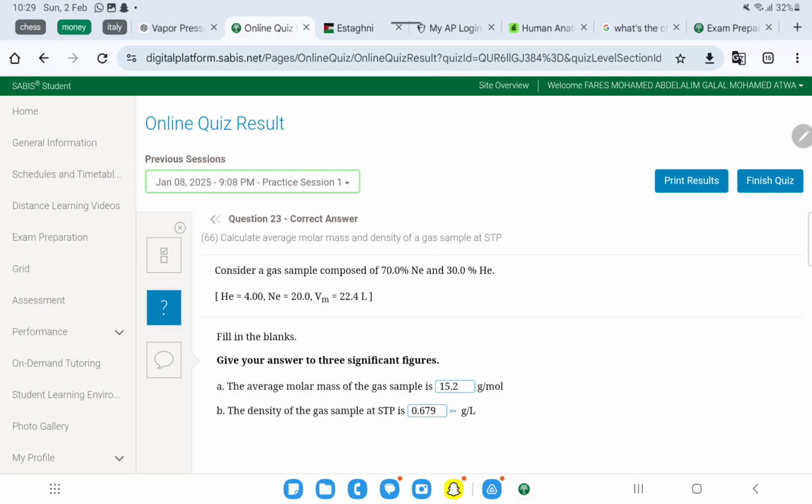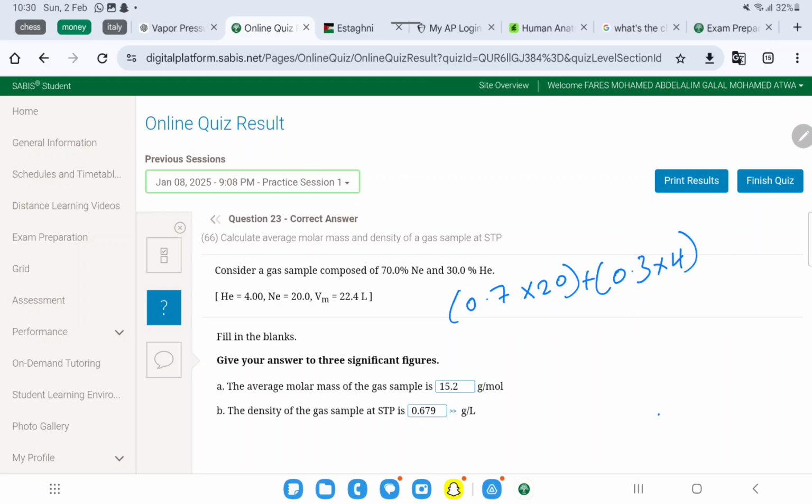So here they said consider a gas sample composed of 70% neon and 30% helium. And they want the average molar mass. So you do 70%, so 0.7, times neon, it's 20, and 30%, 0.3, times 4.